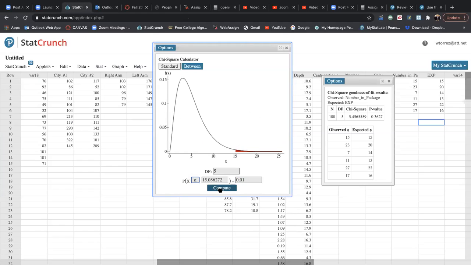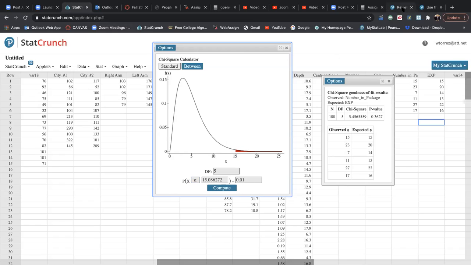All right. So here, let's see. 15.08. That gives us a probability of 0.01 in the tail. Okay.